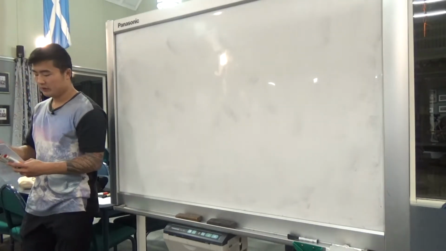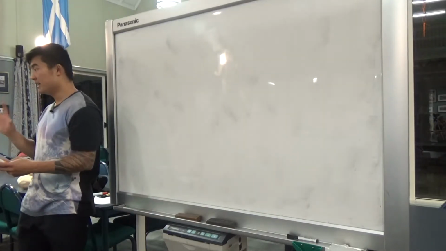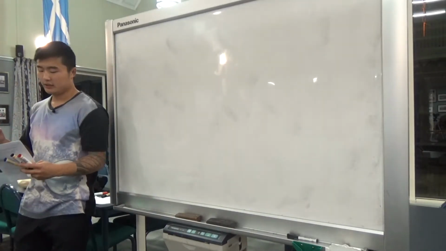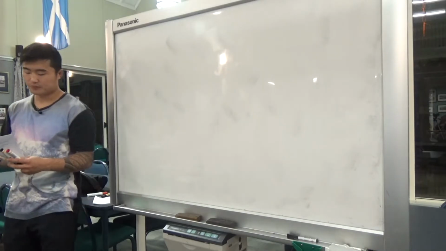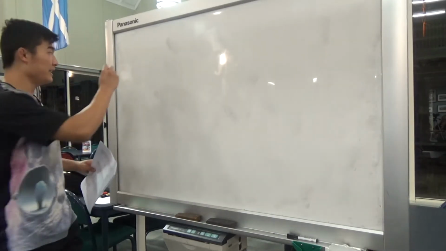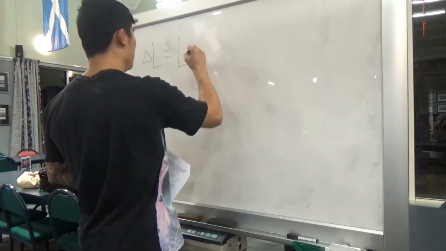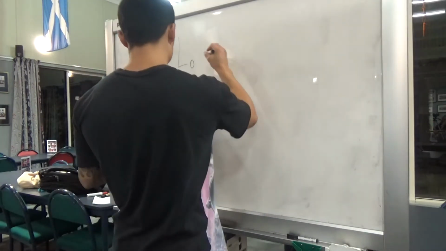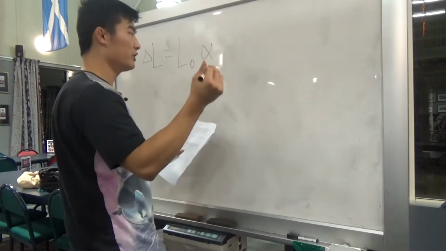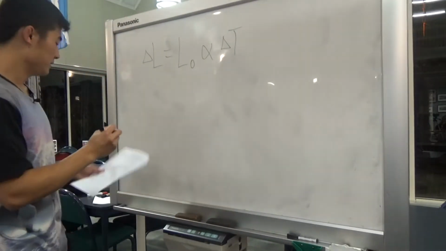What we're interested in here is just the change in one dimension, so one of the lengths. So here we just want the change in length, which is equal to L0, the original length, times alpha, the linear coefficient, multiplied by the change in temperature.